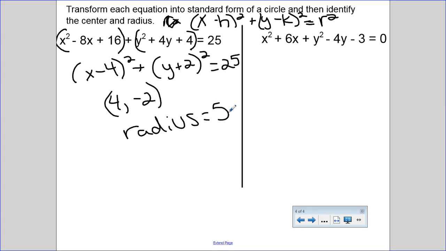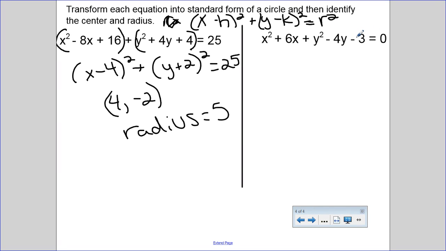Okay, well now let's look at this one. Now this one looks very different. I've got nothing over here. How can I do a perfect square with 6's? There's nothing times itself that gives me 6. So what I'm going to do here is I'm going to need to complete the square.